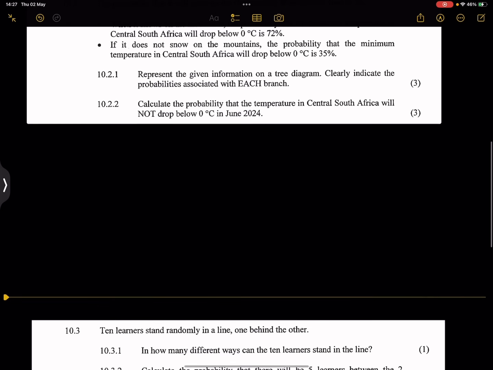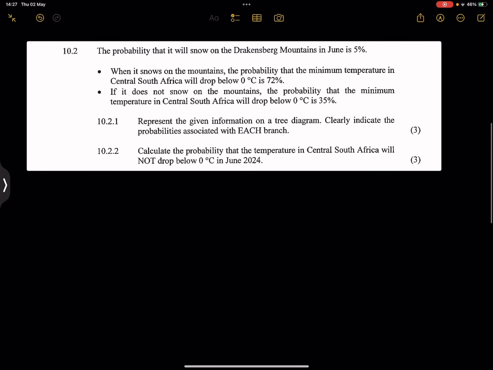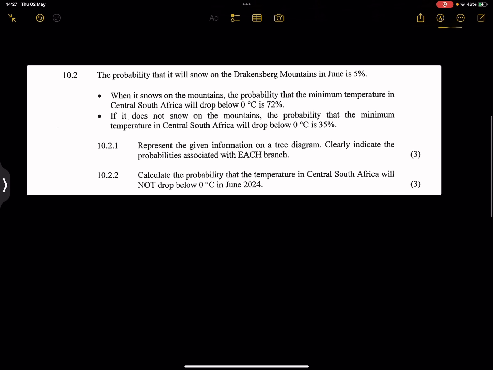Now they say represent the given information on a tree diagram, clearly indicating the probabilities associated with each branch. Now ladies and gents, I just want to make some more space here. I want you to note that the temperature dropping depends on whether it snows on the Drakensberg or not.